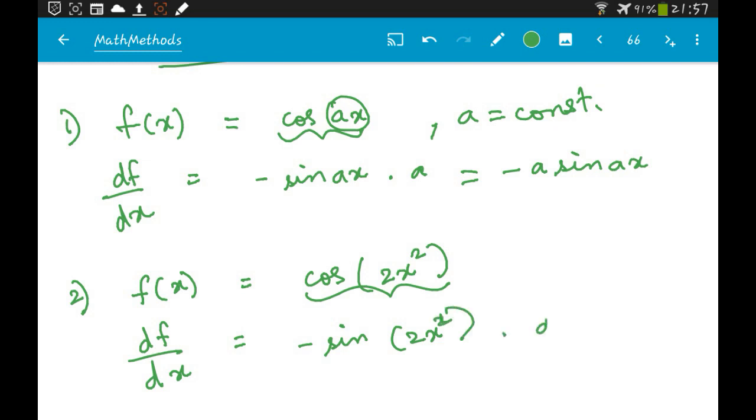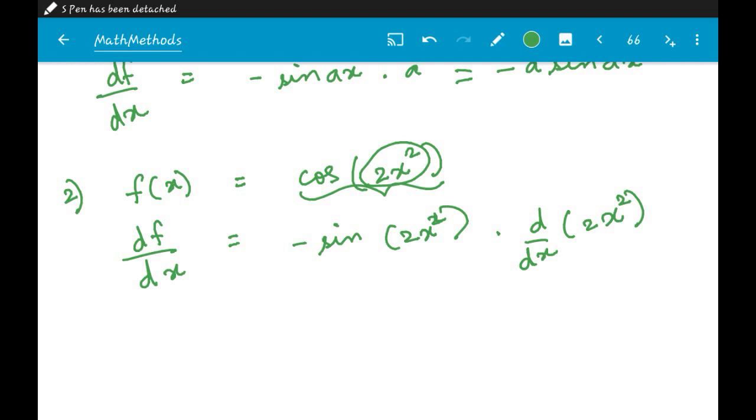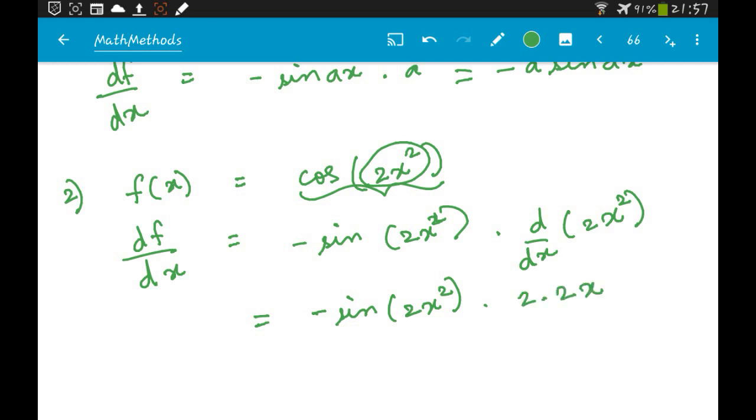Now you have to do differentiation of just the argument, that is 2x square. So you are going to get minus sine 2x square into 2 into 2x, right? Differentiation of x square is 2x and 2 is a number which is a factor. So you are going to get minus 4x sine 2x square.